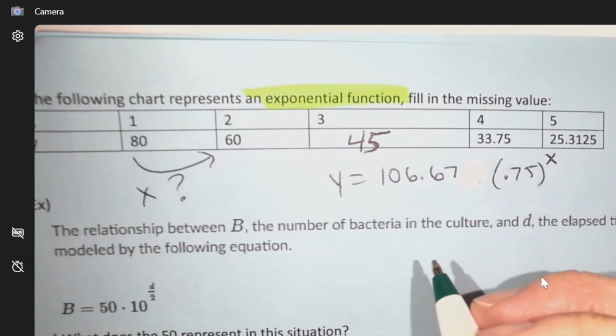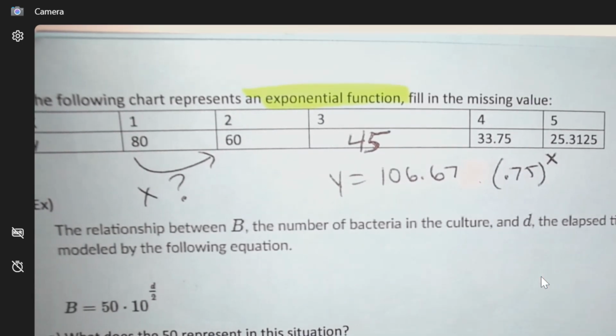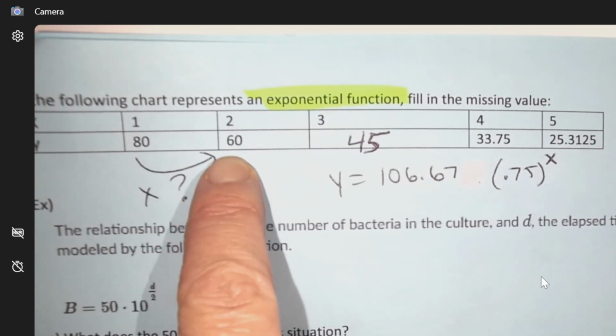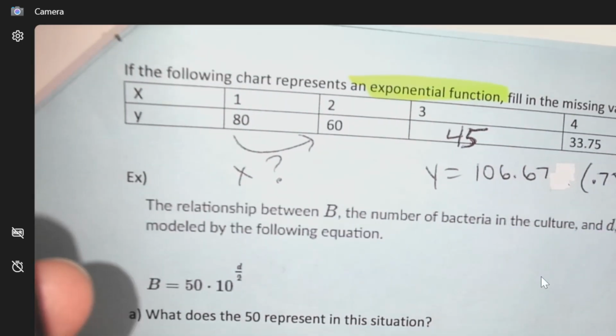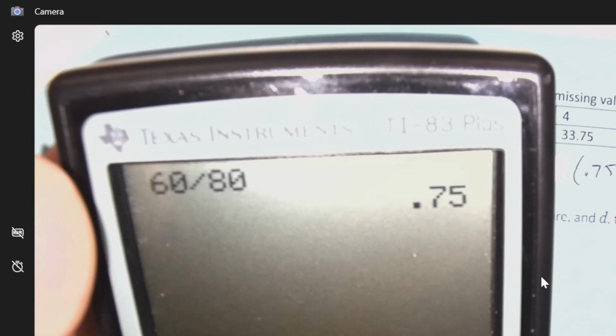So you're timesing something that's decimally. If you want to know this way, what did you times by, how could you work that math backwards? 60 divided by 80. So 60 divided by 80 is 0.75.